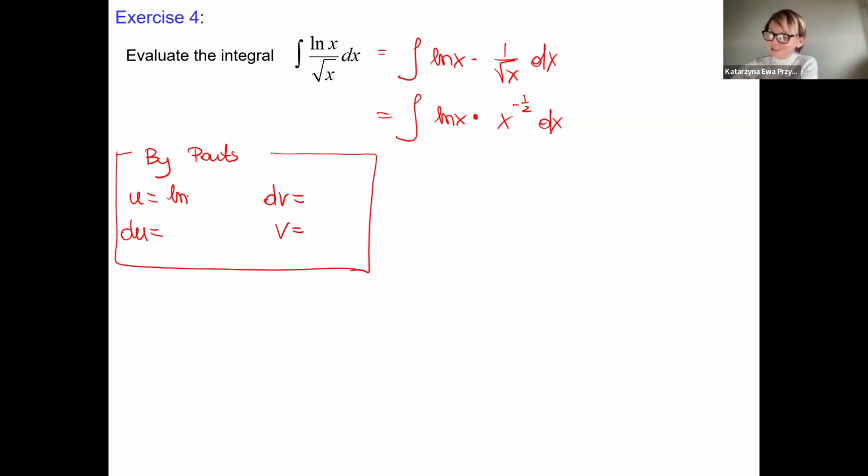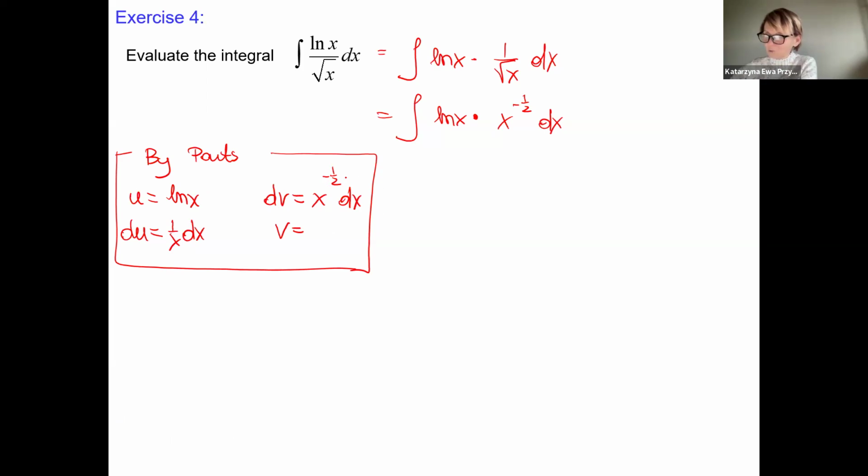Yes, we have to take u as natural log of x because we know the derivative. We don't know the antiderivative, unless we check exercise number 2. Sometimes we will do it this way. And please remember 1 over square root of x, not square root of x, because this is the common mistake. The derivative is 1 over x dx.